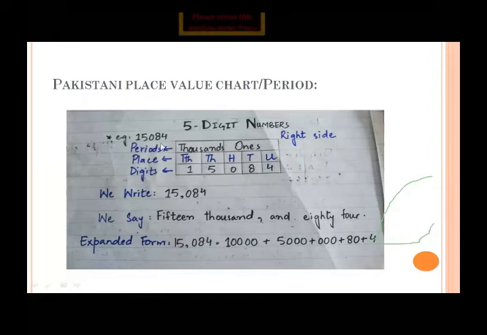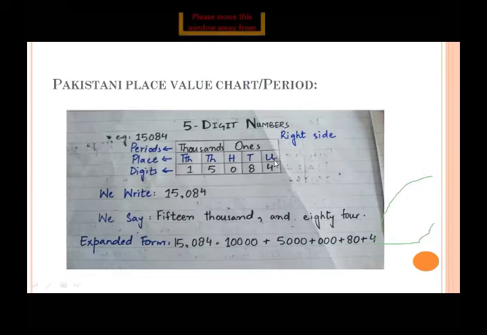Now we have to represent this number in the Pakistani place value chart. Starting from the right, 4 comes at the place of units, 8 comes at the place of tens, and 0 comes at the place of 100. And you know that the first 3 digits from the right side, units, tens, 100, come under the group of ones.